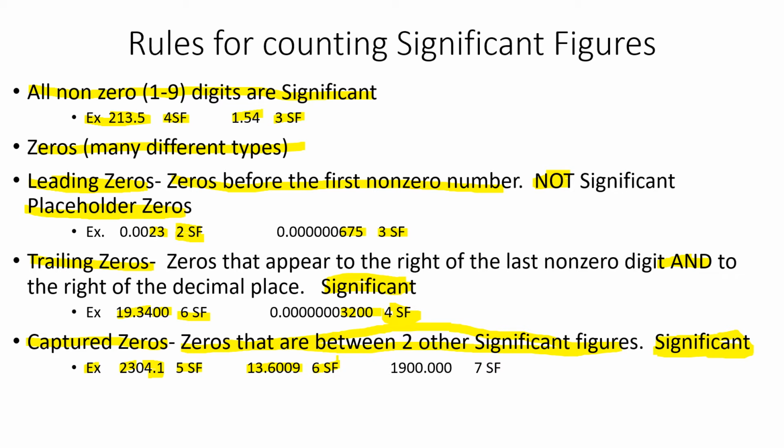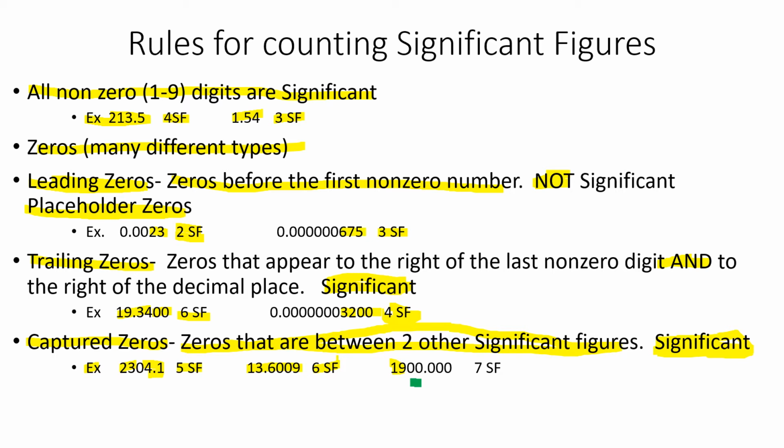1900.000. Well, we know the 1 and the 9 are significant. We actually don't know anything about these first two zeros yet, but what we do know is that the zeros to the right of the decimal place are going to be trailing zeros. Why?